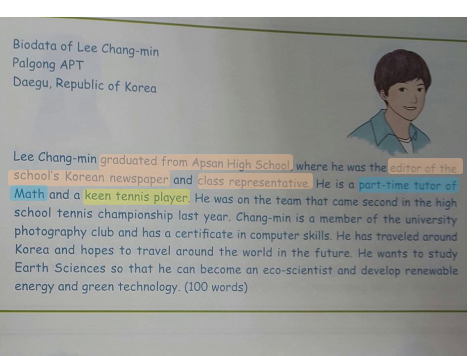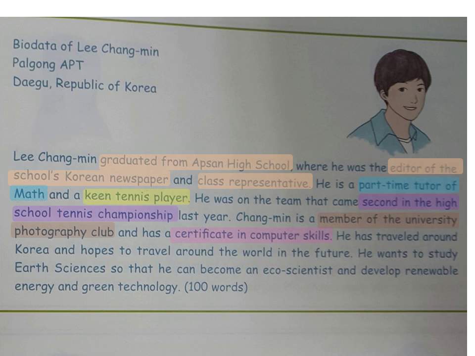We've got interests. He enjoys playing tennis. Next, we've got a prize. It says here that he got second in the high school tennis championship. And this one here is a club. So he was a member of his university photography club.